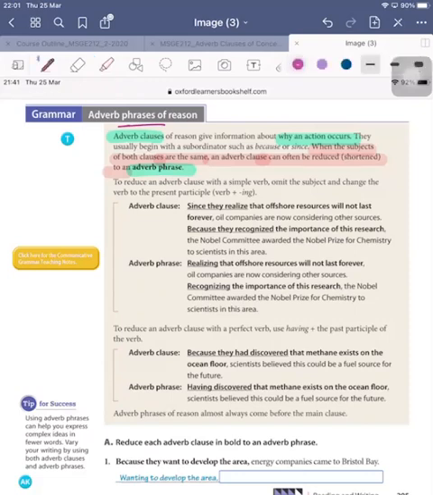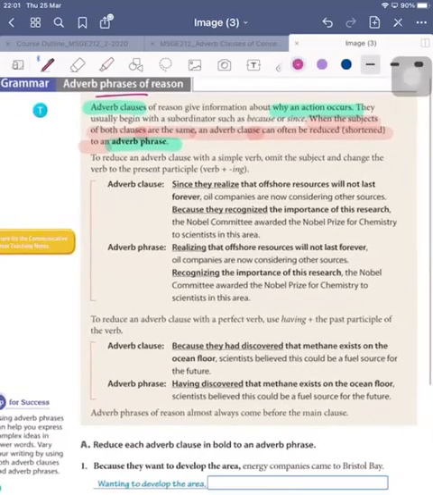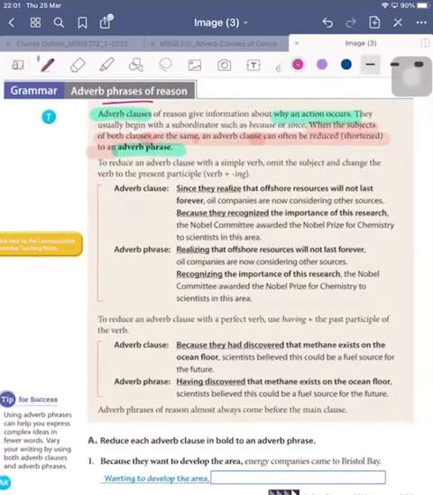Okay, let's have a look at this page then. Normally when we say adverb clause, or just an adverb in general, if you're talking about an adverb, that means that single word, or that clause, actually modifies or gives information about a verb or an adjective. Okay, that's an adverb. Right.